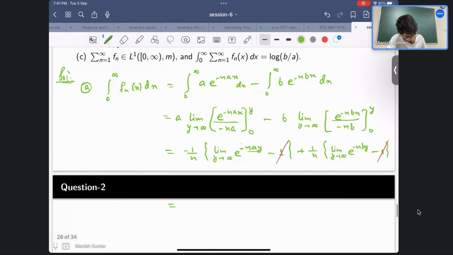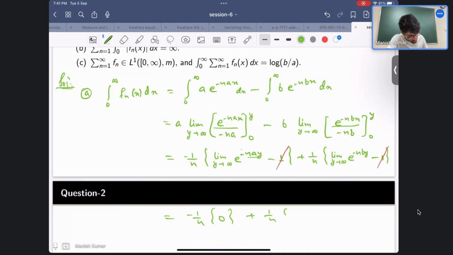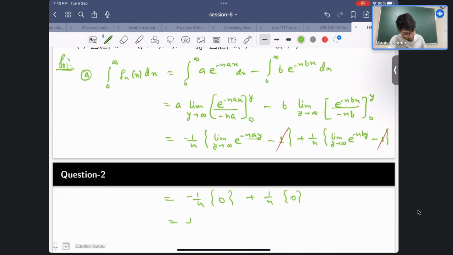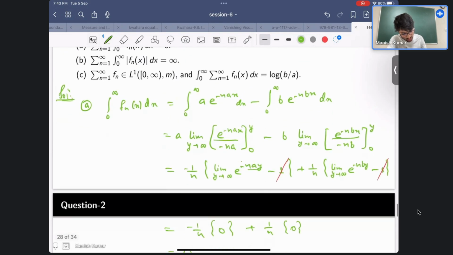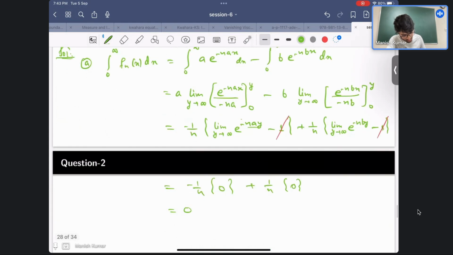This is minus 1 by n times 0, and then plus 1 by n times 0. This is going to be 0. So the integral of fn is 0. So if you consider the summation also, n from 1 to infinity of the integral from 0 to infinity of fn of x dx, this is going to be 0.